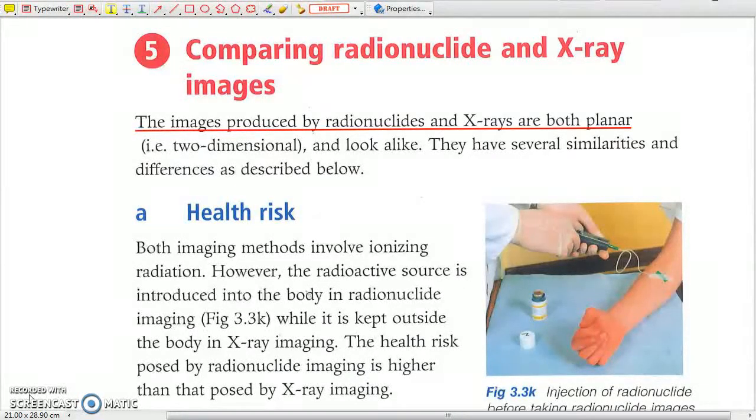In fact, as gamma radiation and X-rays are both ionizing radiations with similar frequencies, the health issues that they bring about should be similar. However, as radionuclides stay inside the patient's body for a longer time than a normal X-ray scan, the risk of excess exposure is larger for radionuclide imaging, and hence it has a higher health risk.